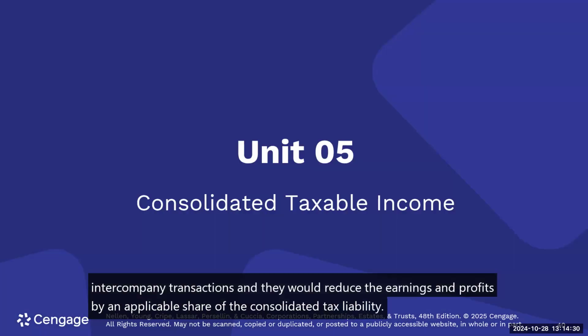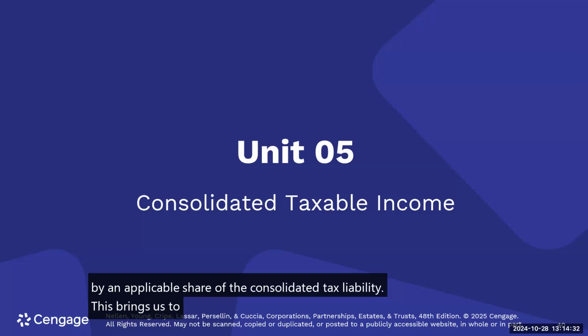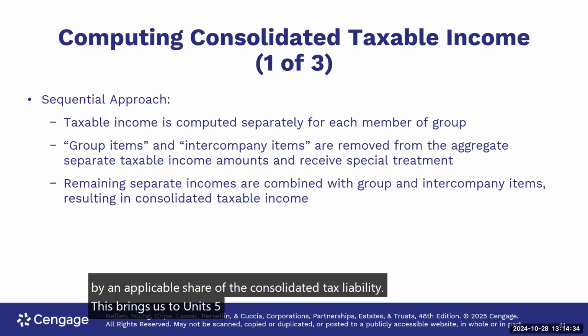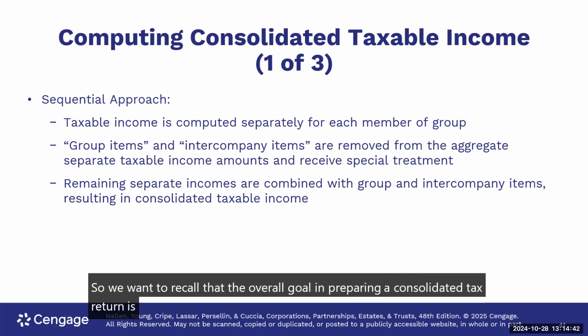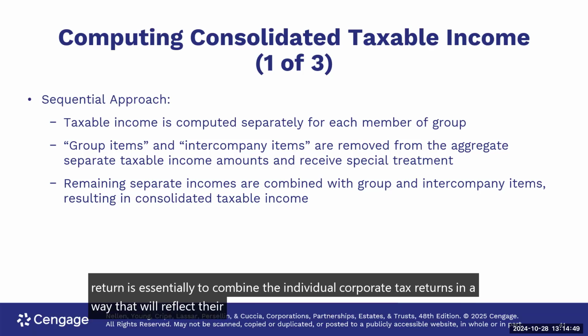This brings us to Unit 5, consolidated taxable income. We want to recall that the overall goal in preparing a consolidated tax return is essentially to combine the individual corporate tax returns in a way that will reflect their aggregated status. So, that's the overall goal.